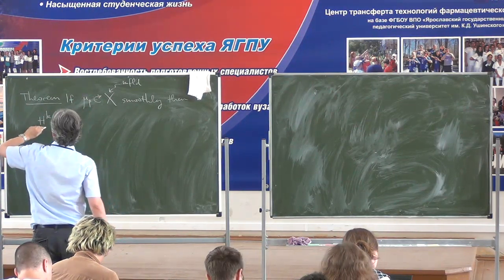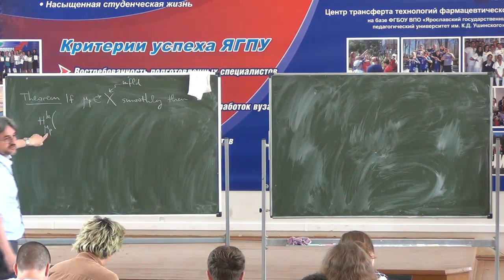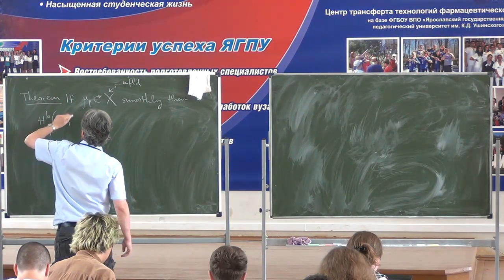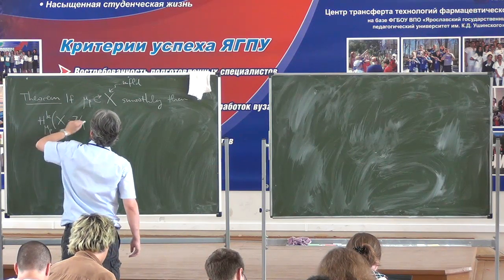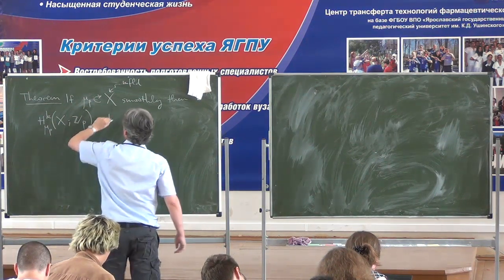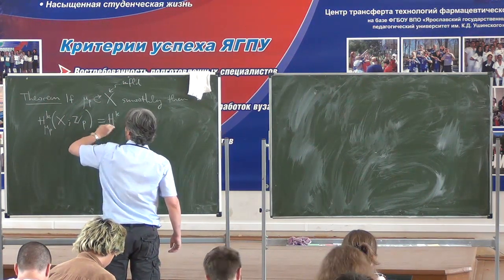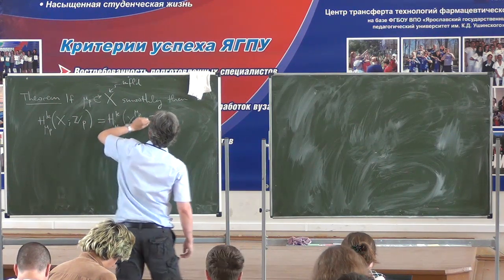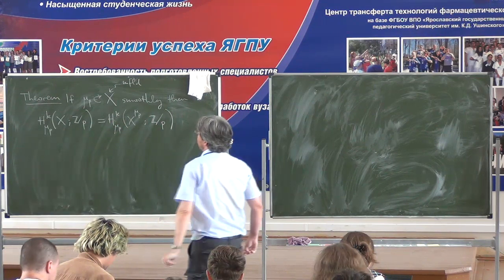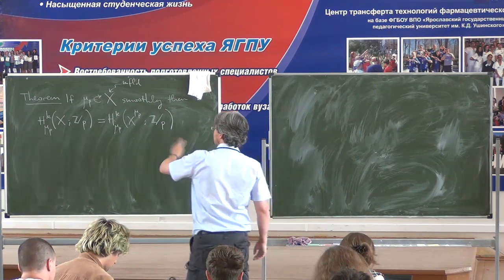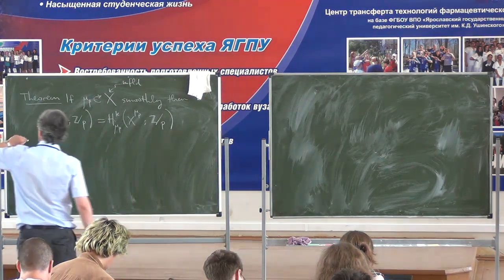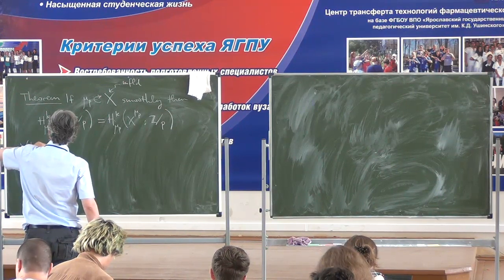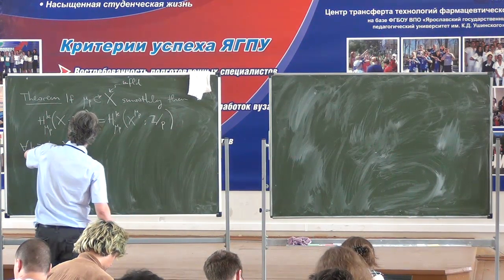The k-th equivariant cohomology of X, say with coefficients in Z mod P, is equal to the k-th equivariant cohomology of the fixed point set for any k bigger or equal than the dimension of X plus 1.